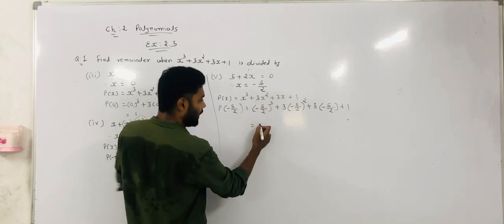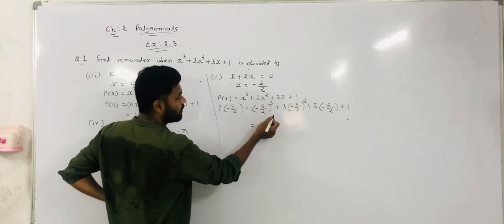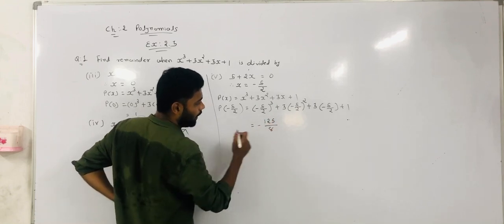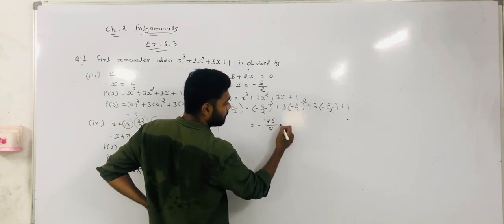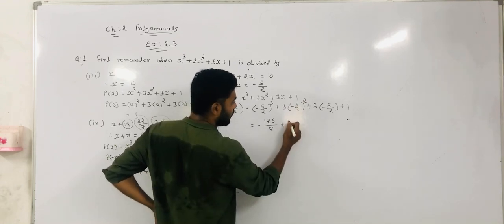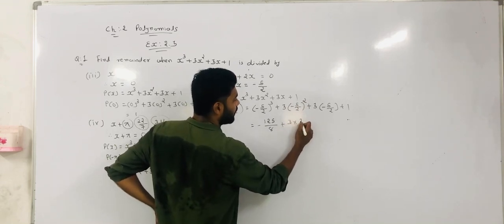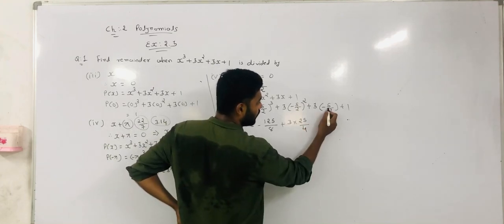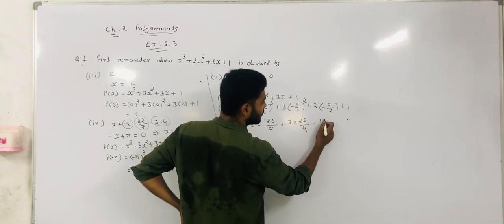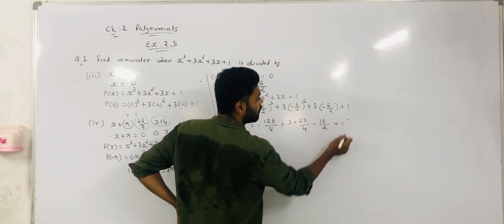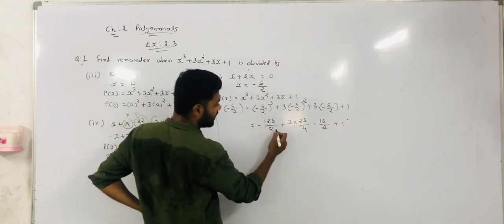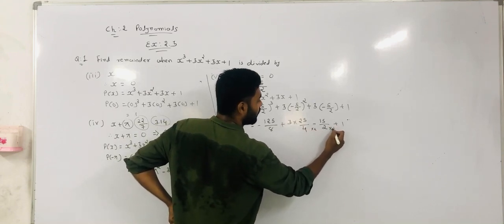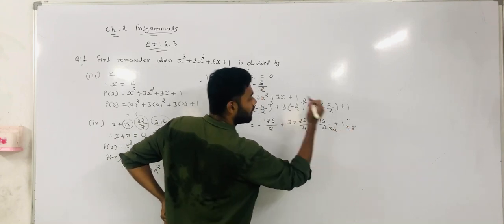Minus cube is minus, so the sign will be minus: 5 cube is 125, 2 cube is 8. Minus square will be plus, so sign plus 3 into 5 square 25 upon 2 square 4, plus 3 into minus 5, that is 15 by 2, plus 1. Same, LCM is 8. So multiply this term by 2, this term by 4 and the last term by 8.